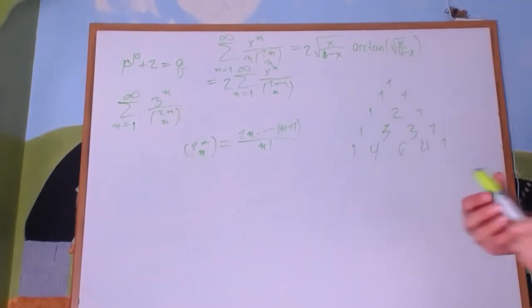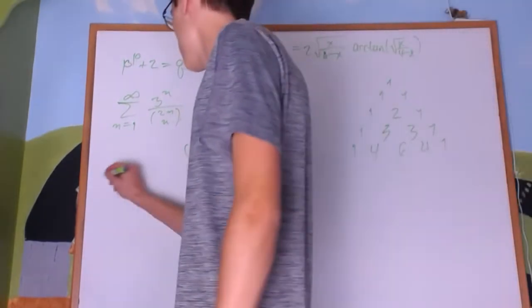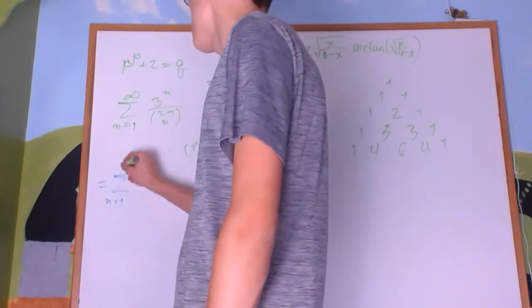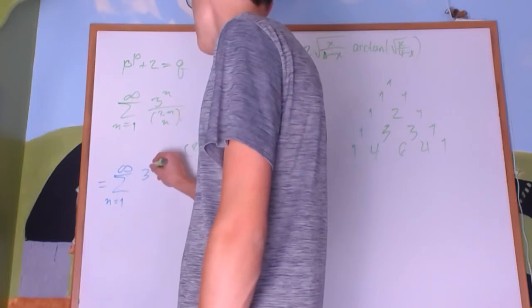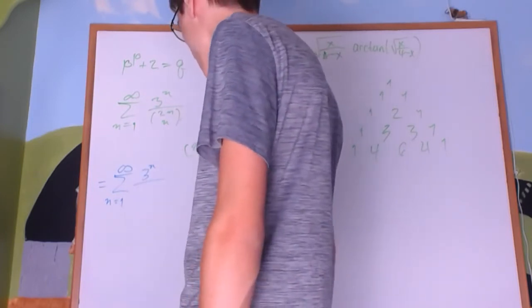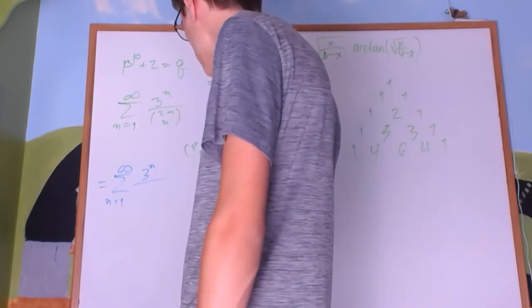Okay, so there's another formula for it. So 3 to the n over, what is it? How does it go?